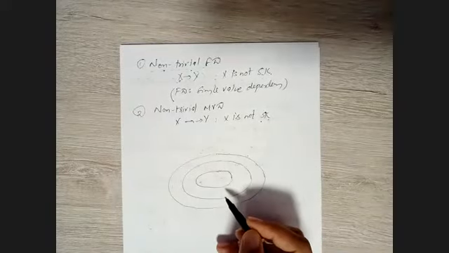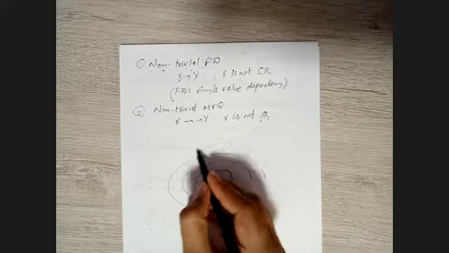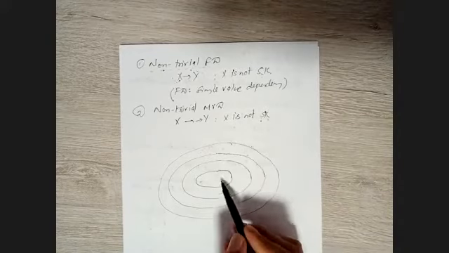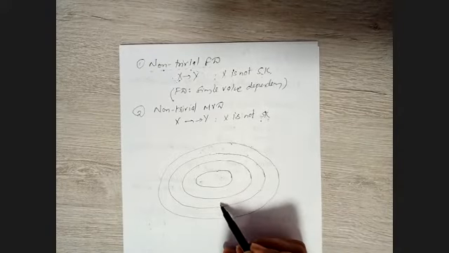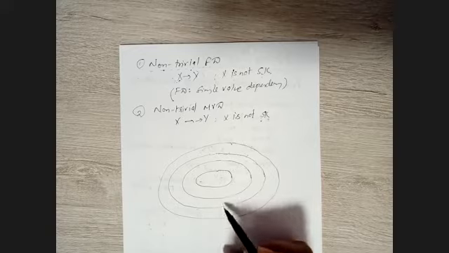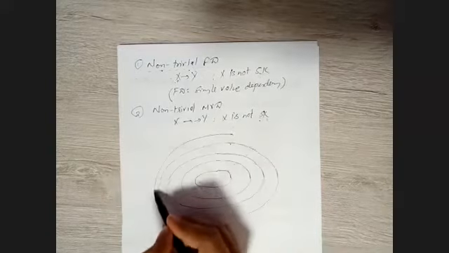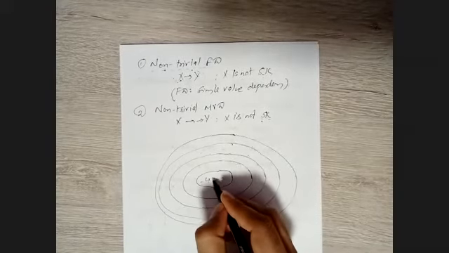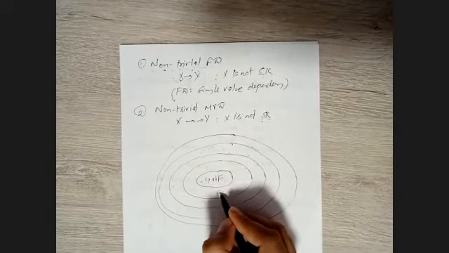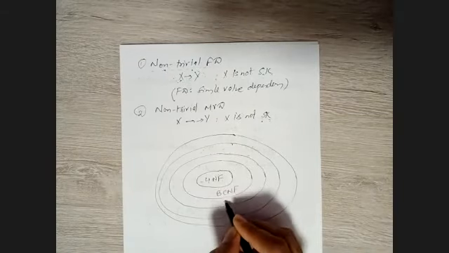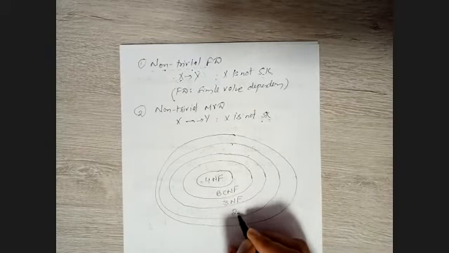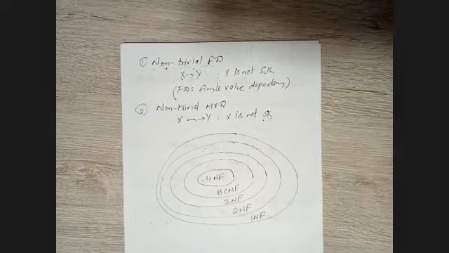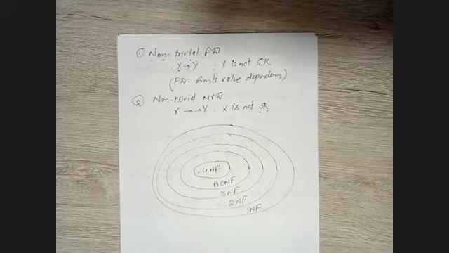Probably in some books you may find such plots. Inside we have 4NF, BCNF, 3NF, 2NF, 1NF.